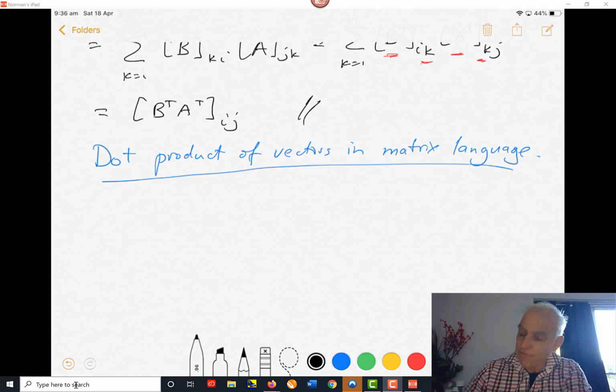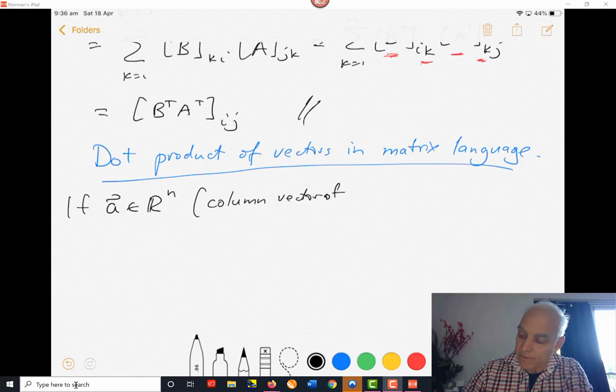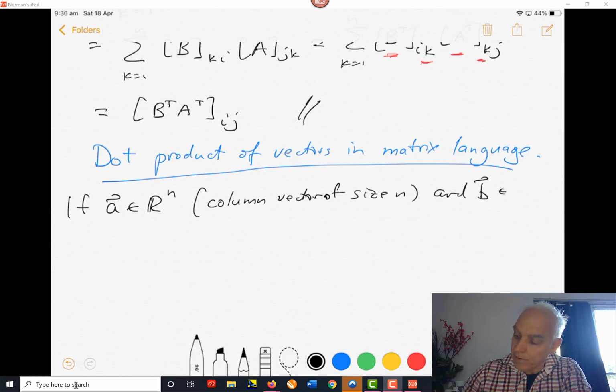I remind you that if you have two vectors, say A is an element in n-dimensional space, that means it's a column vector of size n, and B is also in Rn, then we can define the dot product.